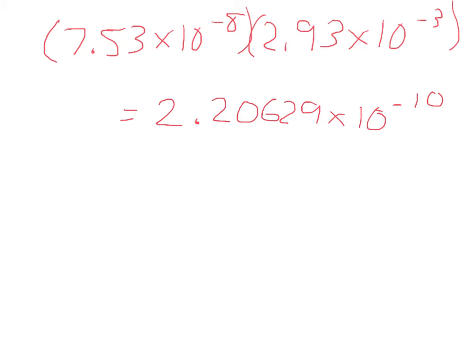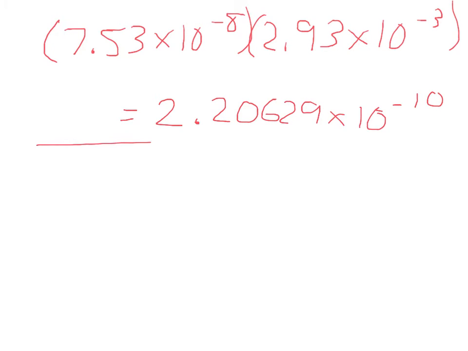Again, when you multiplied the 7.53 and the 2.93, you would have come up with 22.0629, which you would have had to move the decimal over 1 to give you the times 10 to the first, which is why you have 10 to the first times 10 to the negative 8th times 10 to the negative 3rd, which will give you that 10 to the negative 10th.